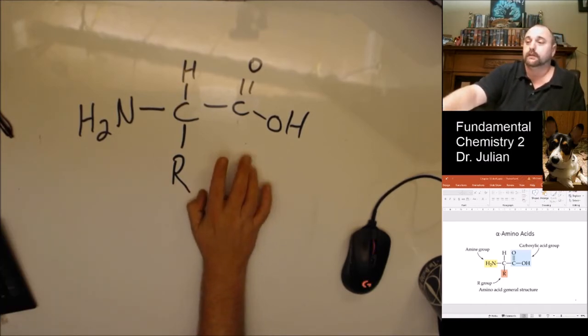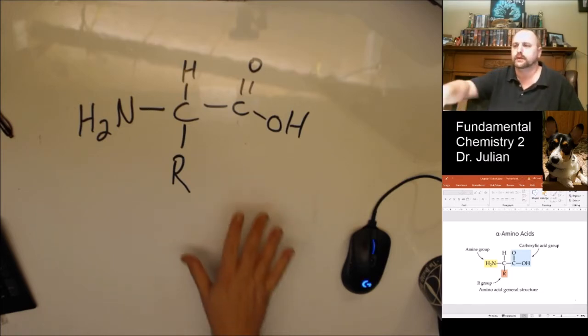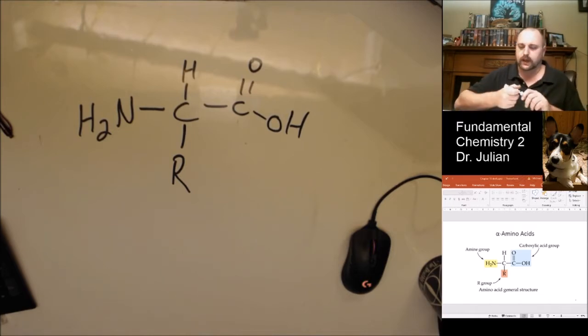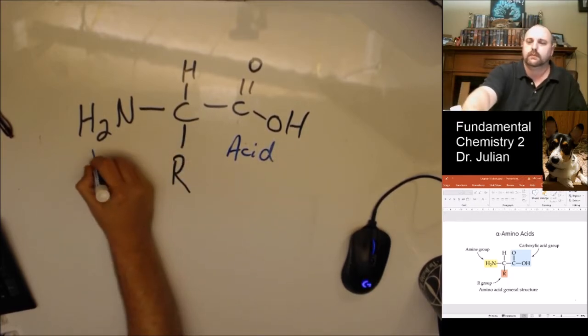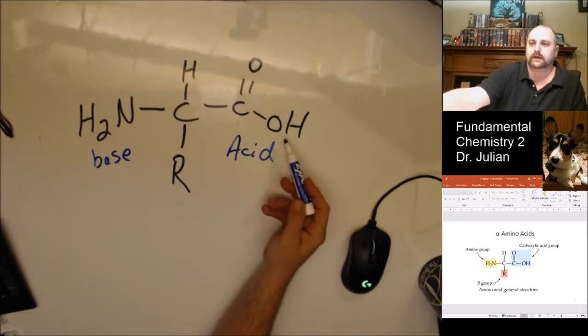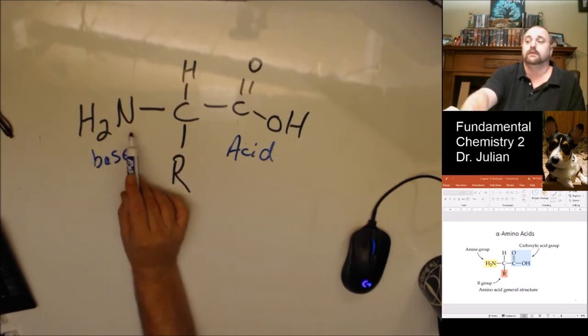Alright, and there's a slight problem though. When I look in the book, I don't usually see things drawn like this. Instead, what happens is we've got an acid and a base. Carboxylic acids are pretty acidic, and we talked about amines as being bases.